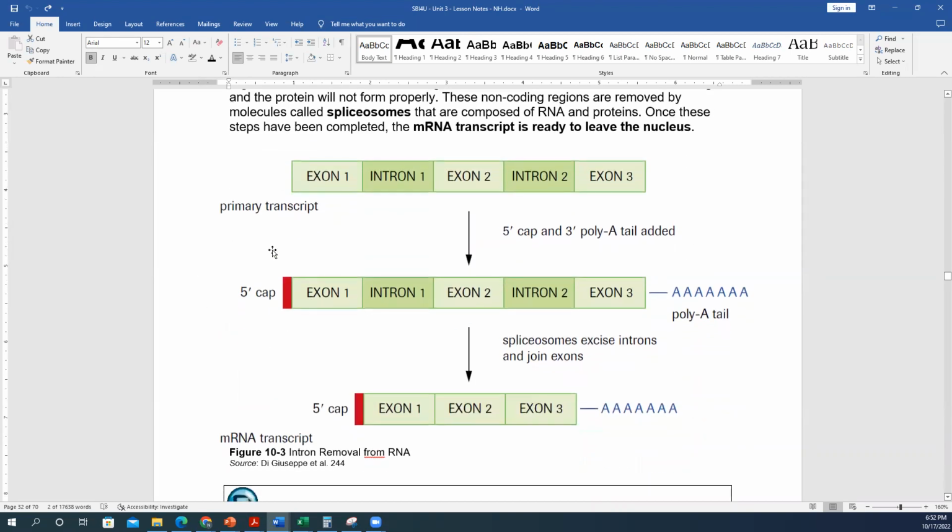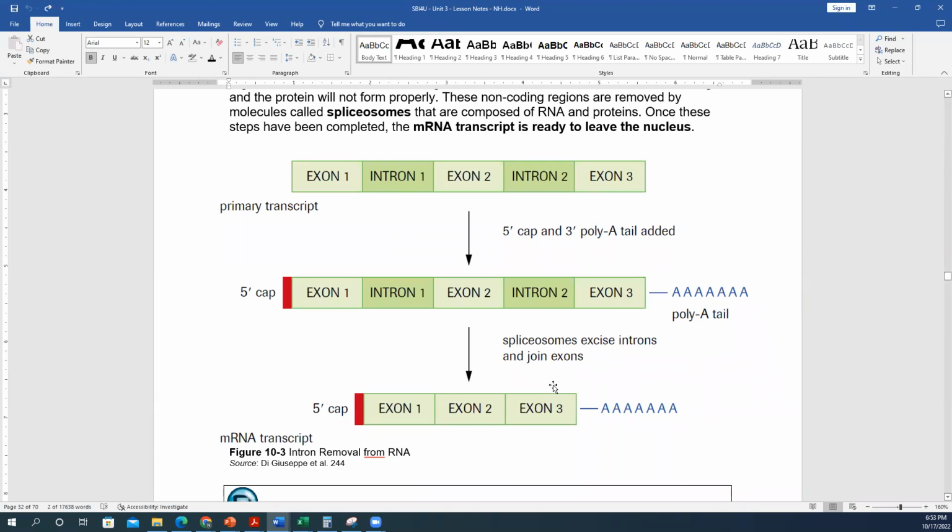So one modification at the 5' end, a second modification at the 3' end, and finally, one more modification can happen, which only really happens in eukaryotes. In prokaryotes, this is it. That's all you need to do. In eukaryotes, there's another further step.